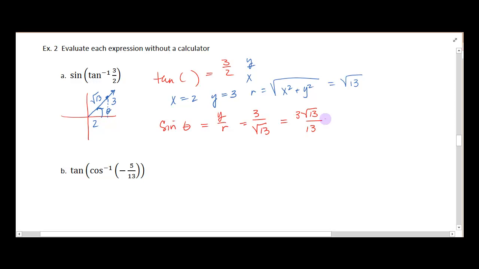So we are first using our definition of trig functions to draw a triangle, right? And then we use our definition of trig functions to then evaluate the function for theta.